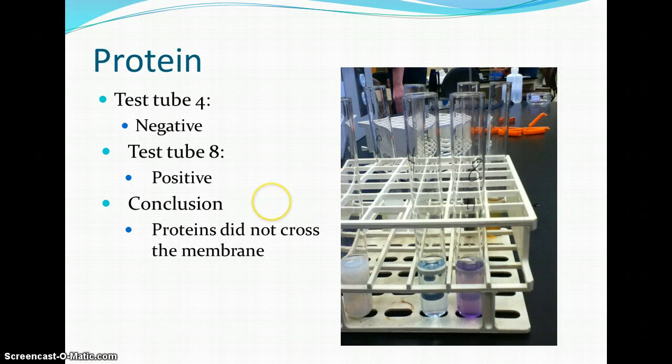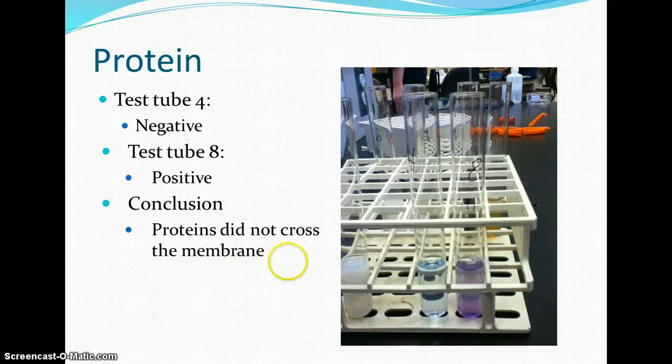The last test that we did was to find proteins. As you can see, test tube 4 was negative because it only turned that bright blue color, while test tube 8 was positive because it had a purple color. And so what this proves is that proteins are very, very large because they could not cross the membrane like our hypothesis stated.